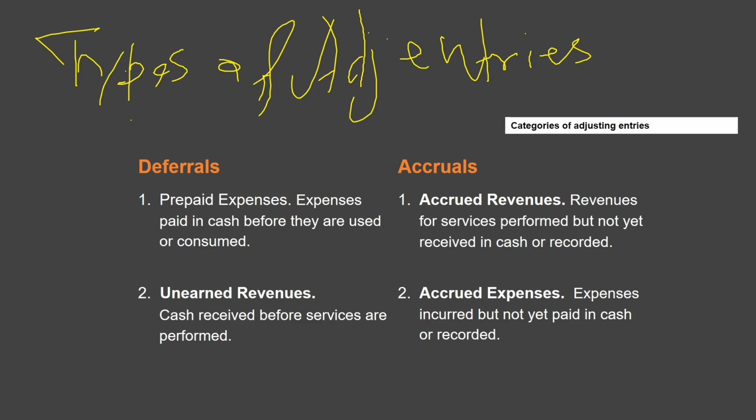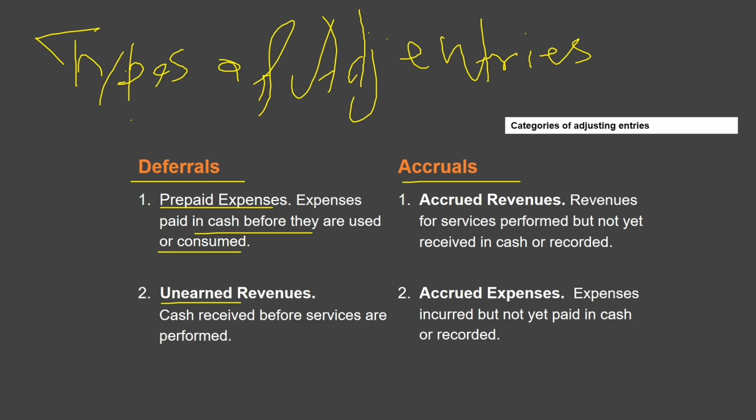First are deferrals and accruals. In deferrals, prepaid expenses, the expenses which are paid in cash before they are used or consumed, are known as deferrals. They come in the category of deferrals.